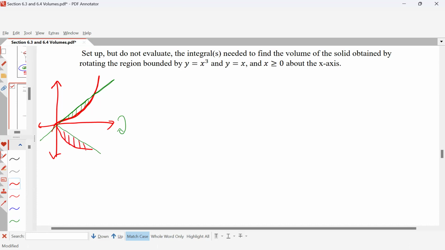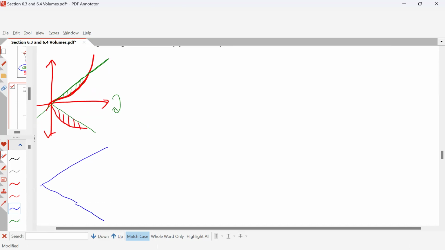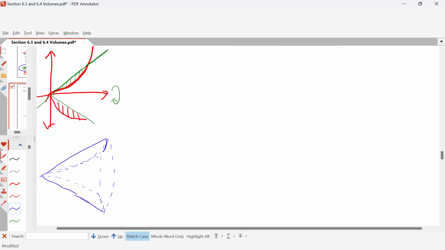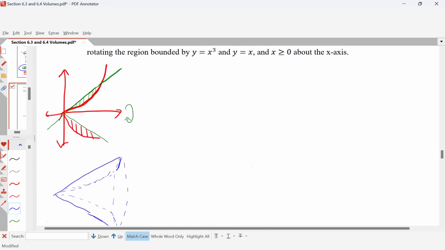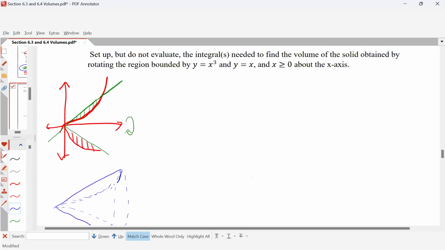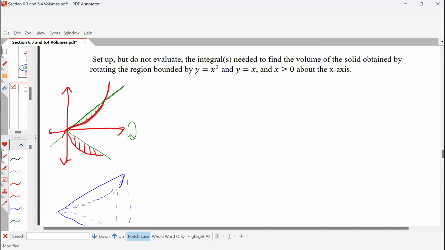And we're looking at this volume that on the outside looks like a cone, but on the inside has curved edges showing in. Not quite an ice cream cone shape, but a cone on the outside with these curved edges going in. We want to find the volume of that shape.